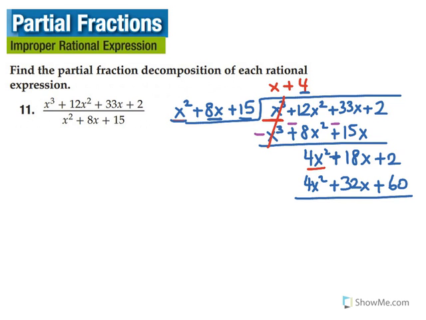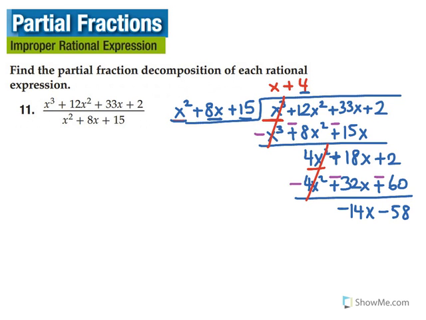Now I will change the signs and add, so 4x squared minus 4x squared, they cancel each other out. 18 minus 32 is minus 14x, minus 2 minus 60 is minus 58 after all.